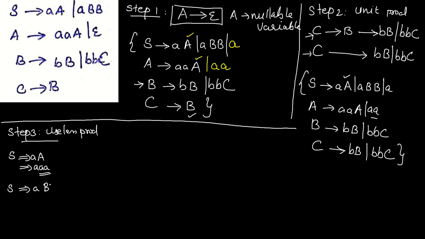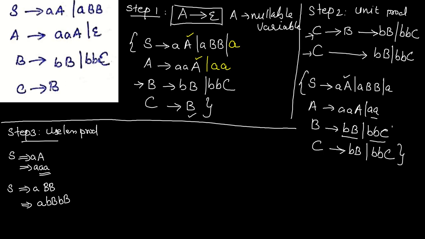So I go for the next production, S gives ABB. Then substitute for the variables. We have two B's over here. When I try to substitute, we have this substitution or this, any one we can follow. So I substitute the first one, BB. What happens? Again B repeats. Then what happens if I substitute BBC?